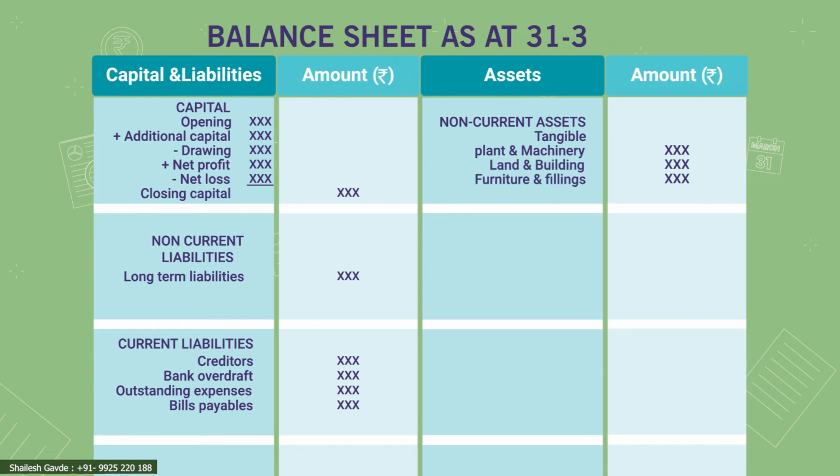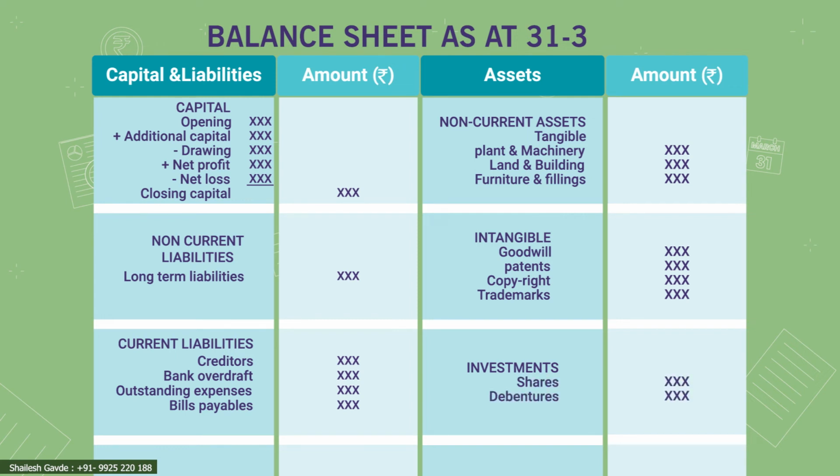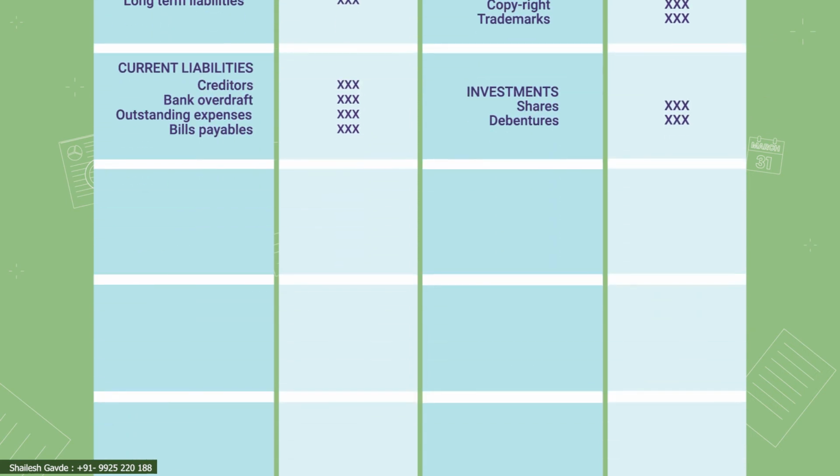Then after we record intangible assets like goodwill, patents, copyrights, trademarks, etc. Then after we record all investments done by the firm, like say investments in shares of the company, investments in debentures of the company, etc. Then after, on asset side we record current assets, which are those assets which can be realized in cash within a very short duration. Current assets like closing stock, like debtors, like cash, bank balance, etc.